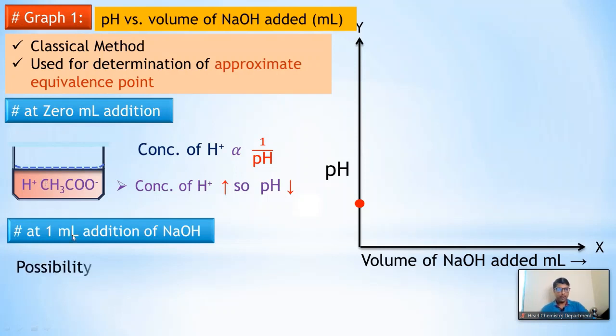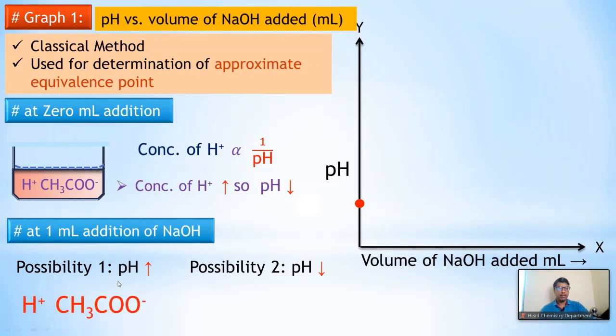There are two possibilities. First possibility is pH increases and second possibility is pH decreases. When you add this NaOH into this acetic acid solution, you simply add Na plus and OH minus ions into this beaker.